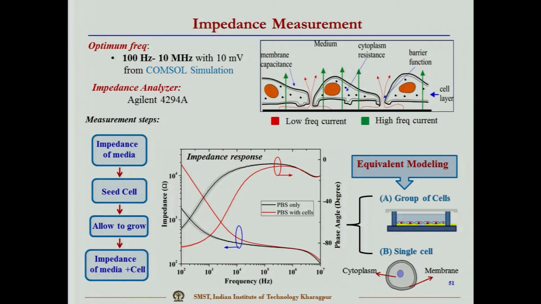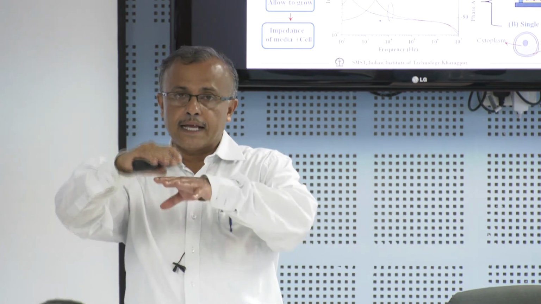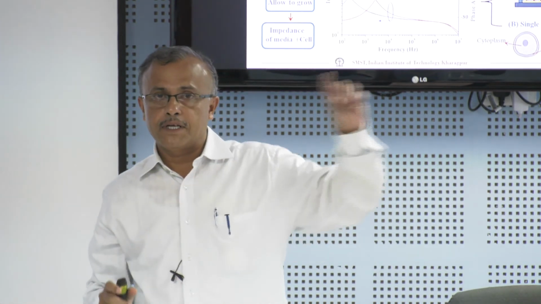That is why before seeding the cells, you have to put the media and get the impedance value, which will act as a baseline. Then you put your cells and the impedance changes, and the difference between these two is the impedance of the cells only.